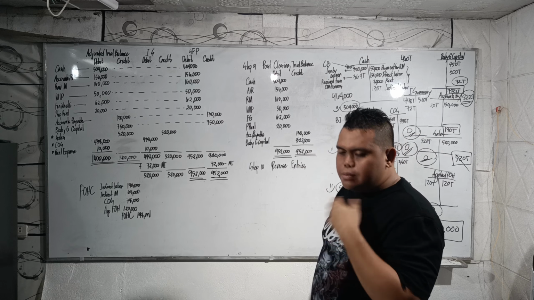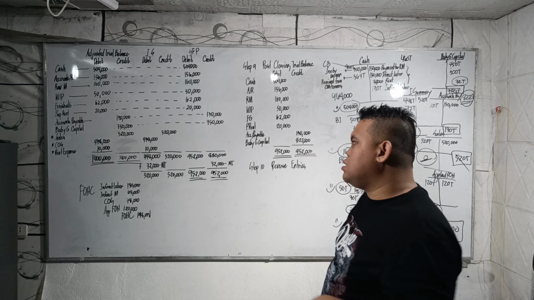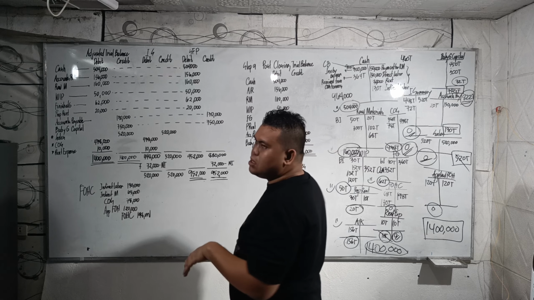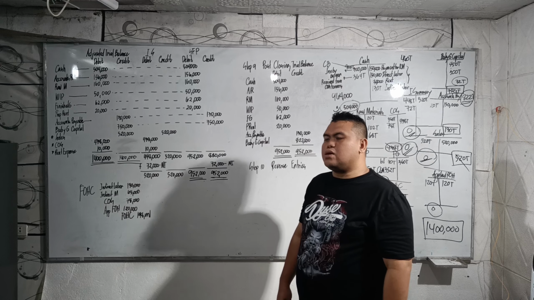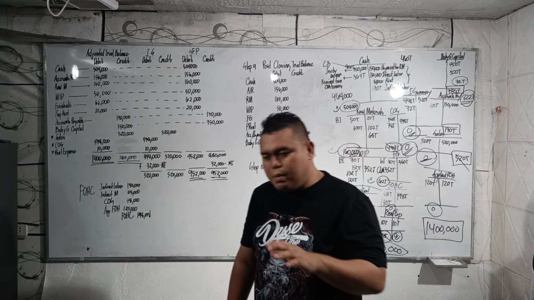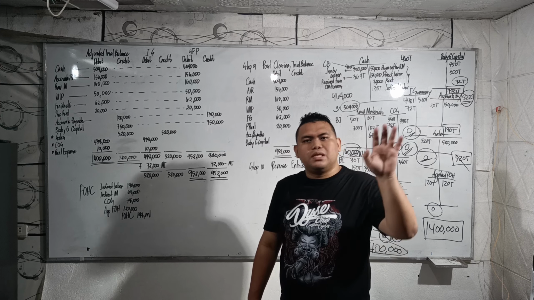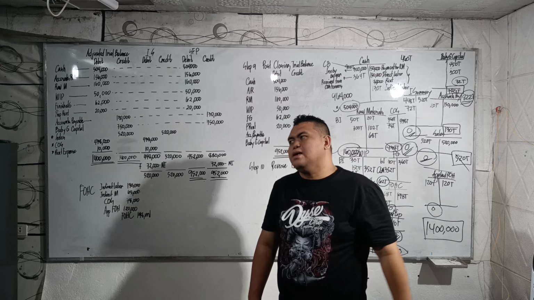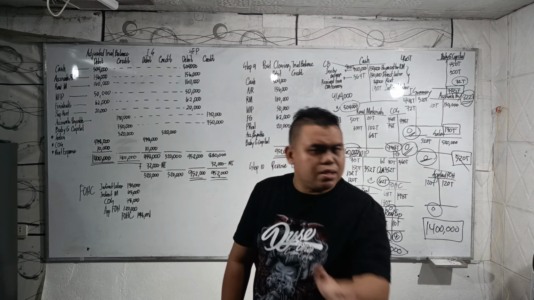Well, at this point, I would just enumerate which entries have to be reversed. Number one, we have the accrued expenses. The accrued expenses are the expenses that you incurred but did not pay. And normally, the adjusting entry for the accrued expenses is debit expenses, credit payable. Now, when you reverse it, you debit the payable and you credit the expenses. That's it.